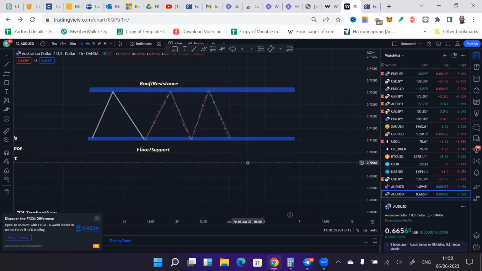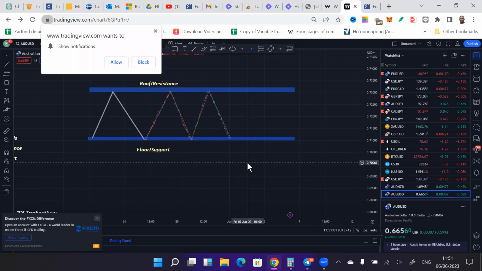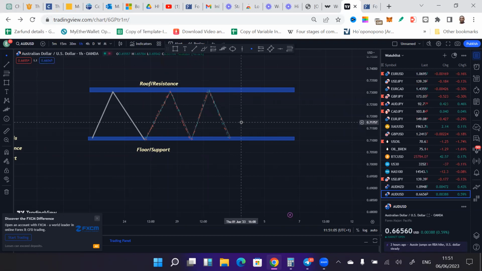Then the next thing you will notice in the market is that the whole market is basically roof and floor, resistance, support, resistance, support, resistance, support. But you'll notice that at a point, this resistance and support tends to get broken after a while.